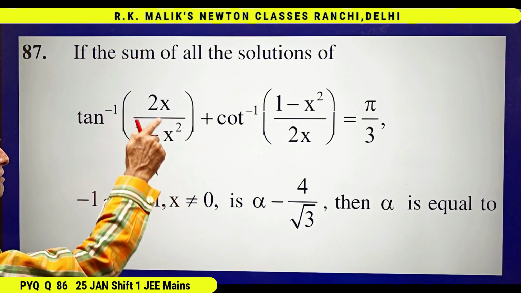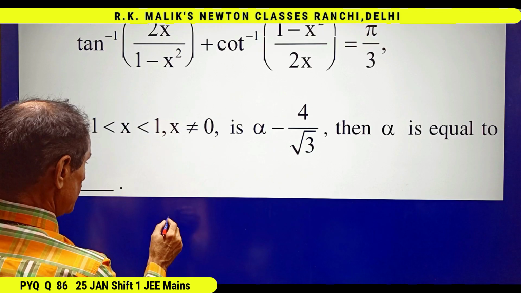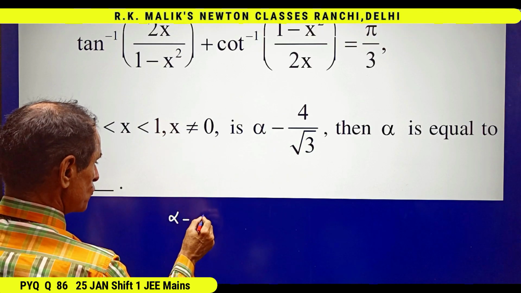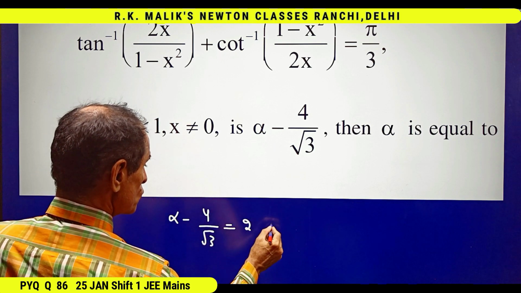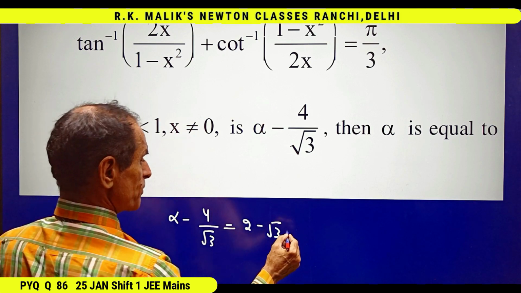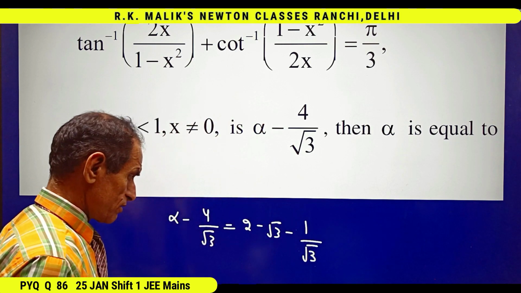As it was given that sum of all the solutions of this equation is this, hence I can say alpha minus 4 by root 3 is equal to 2 minus root 3 minus 1 by root 3.